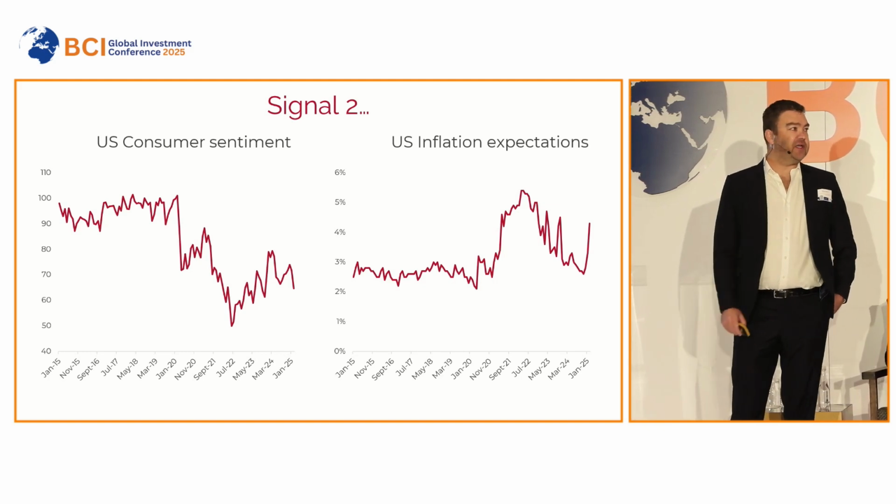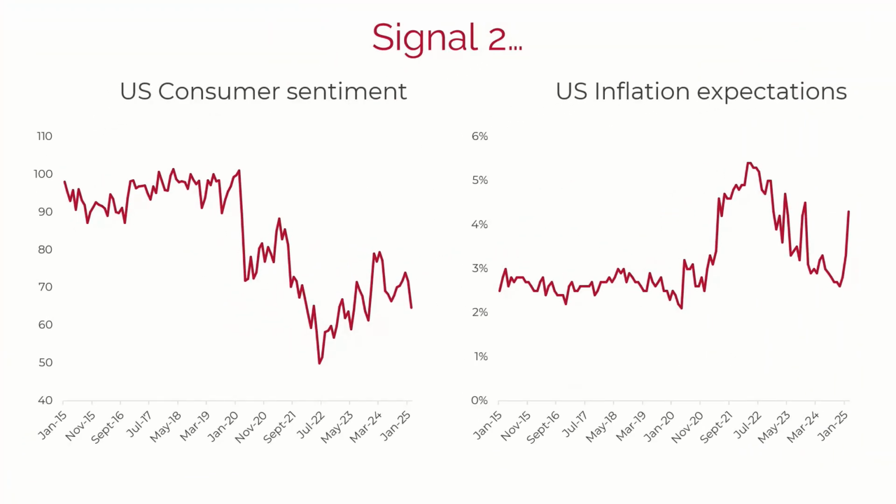The University of Michigan does surveys in the US on a regular basis where it asks consumers and businesses questions like how they think the economy is going. One of the questions on US consumer sentiment showed that sentiment came down quite sharply in Q1 of this year. Consumer and business inflation expectations jumped from 2.5% to 4.5% expected for the next 12 months.